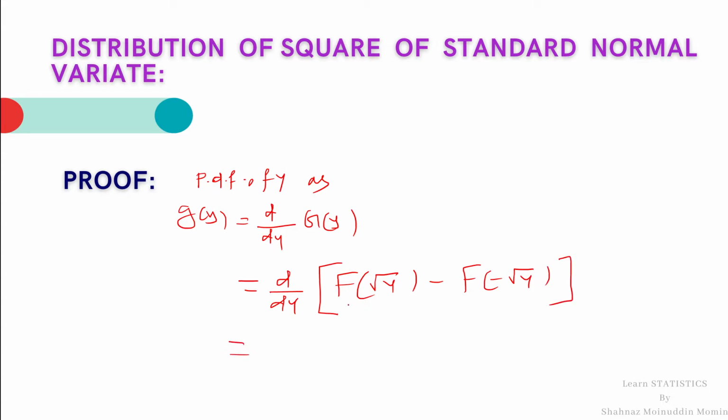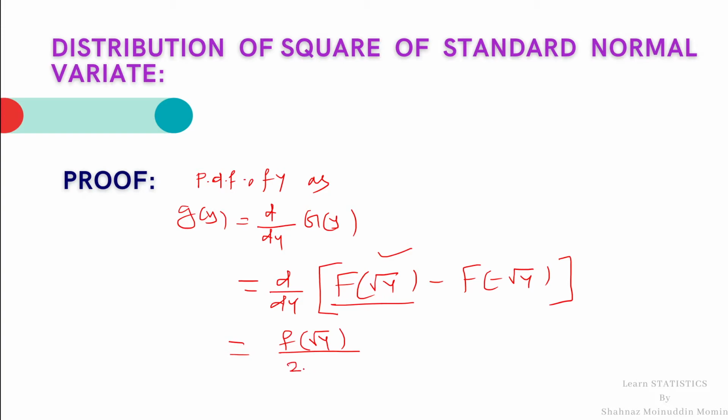By differentiating the first term, CDF of z at under root y, we get PDF of z at the value of under root y multiplied by the derivative of under root y, since this is a composite function.